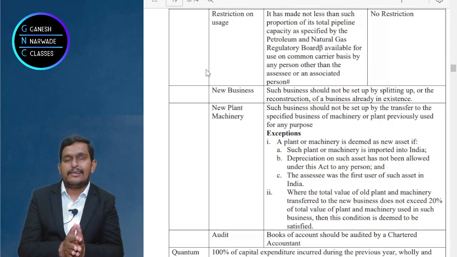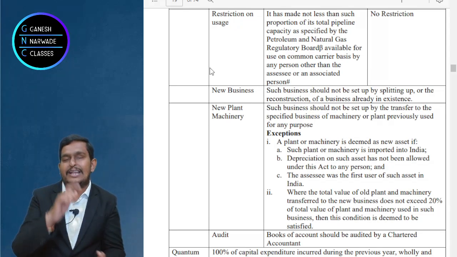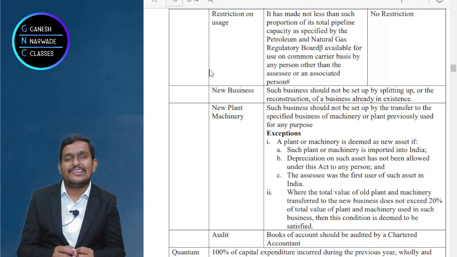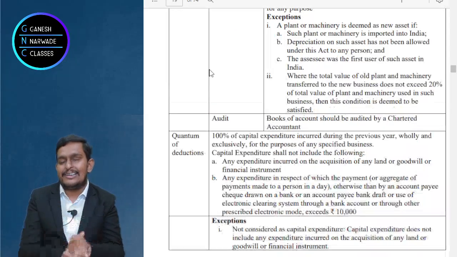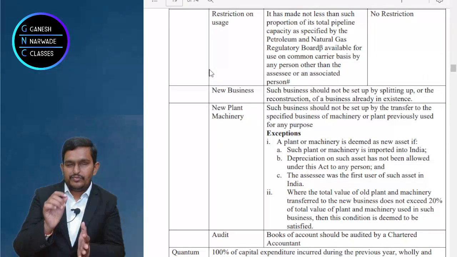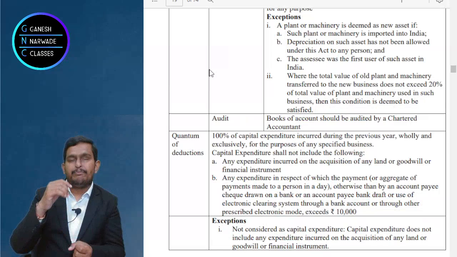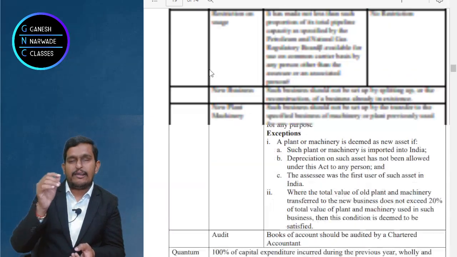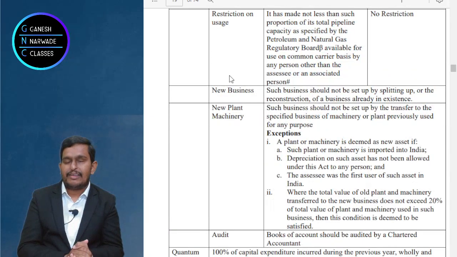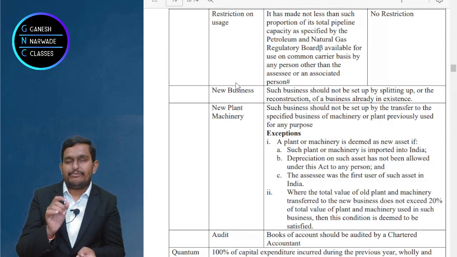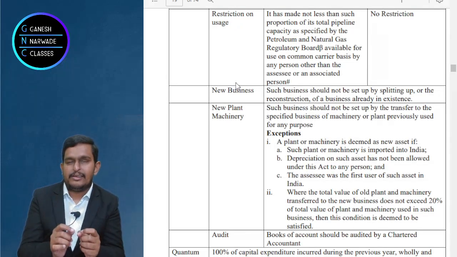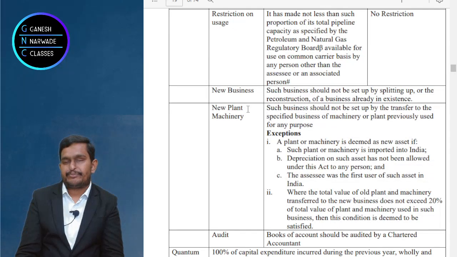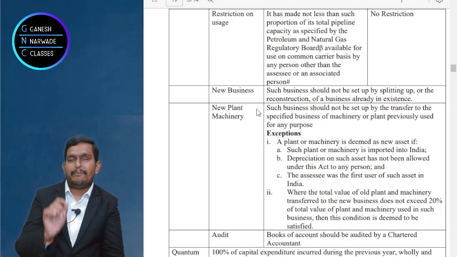Now, plant and machinery. New plant and machinery is required. Totally new plant and machinery you should introduce into the business. Then only you will get the deduction. Still, suppose you are importing certain assets from a foreign country, and on whatever assets you brought, no depreciation under income tax was claimed earlier, and you are the person who brought it and you are using it for the first time in India.